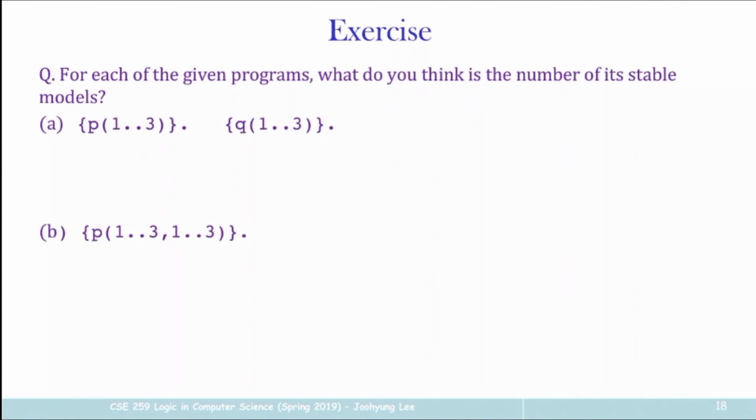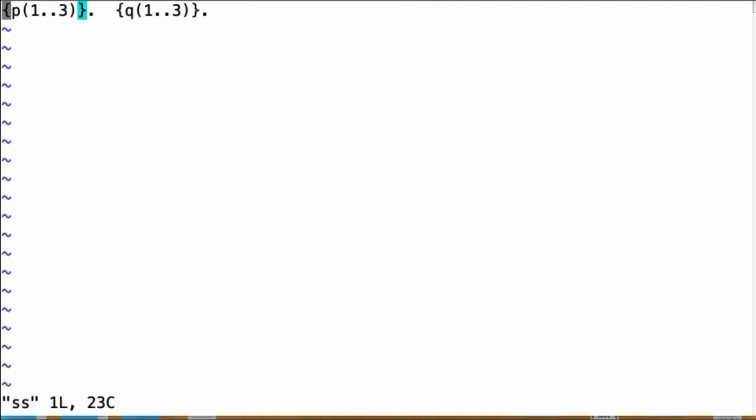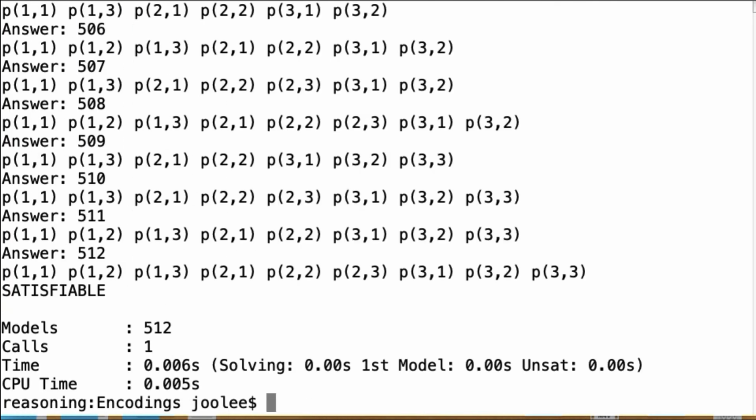That's 9 atoms, and you are looking at the subsets of 9 atoms, that is 2 to the power of 9. So let's actually check it. 512. Okay, good.